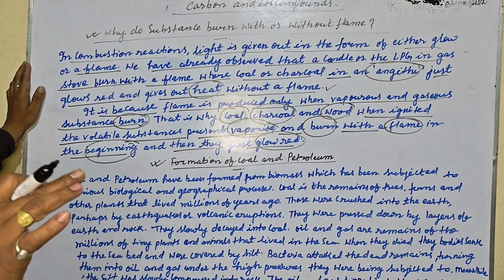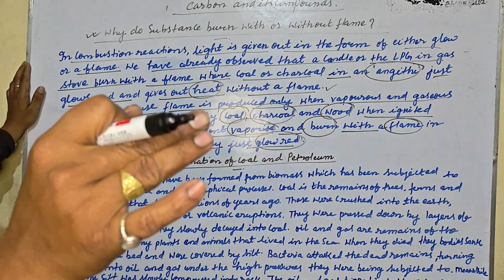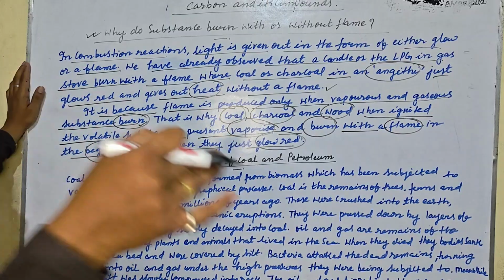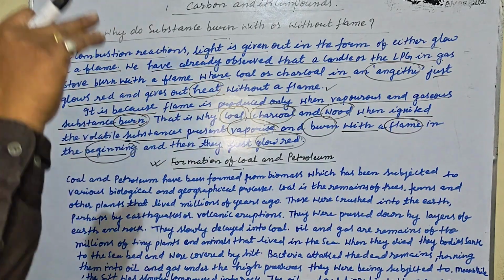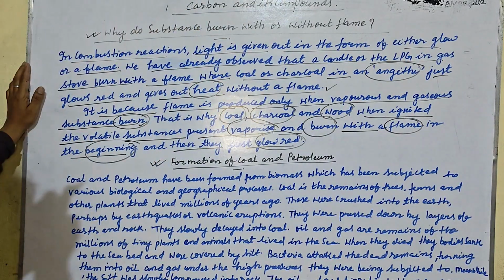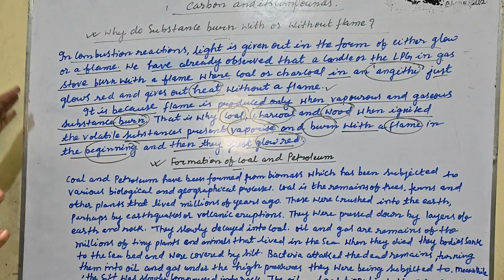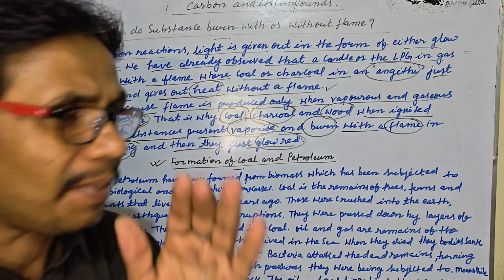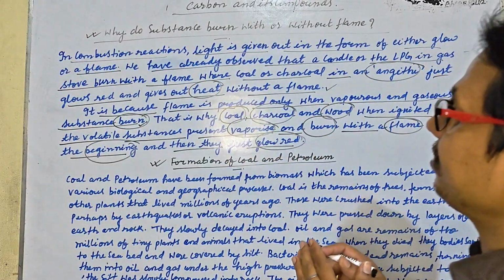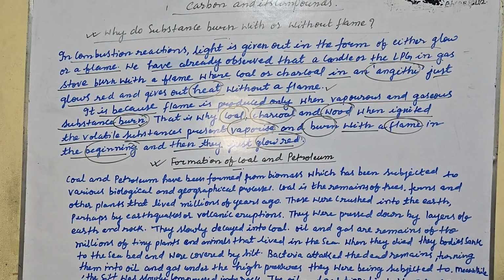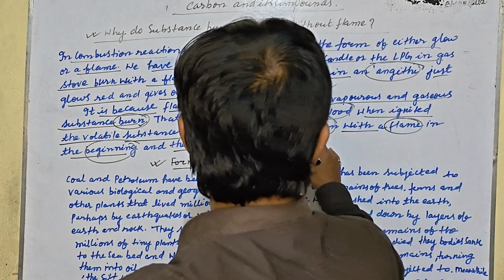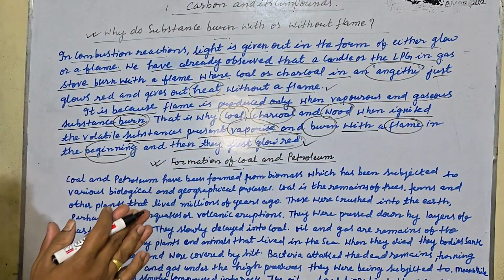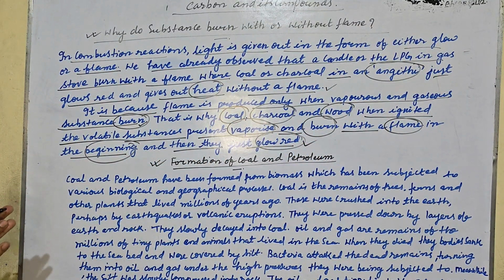It is because flame is produced only when vaporous and gaseous substances burn. That is why coal, charcoal, wood, when ignited, the volatile substances present vaporize and burn with a flame in the beginning, and then they just glow red. So this is the topic. Next is the formation of coal and petroleum.